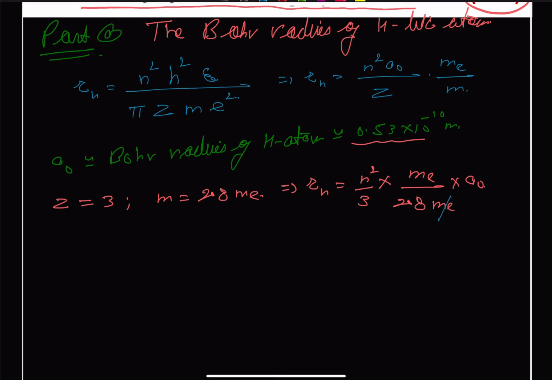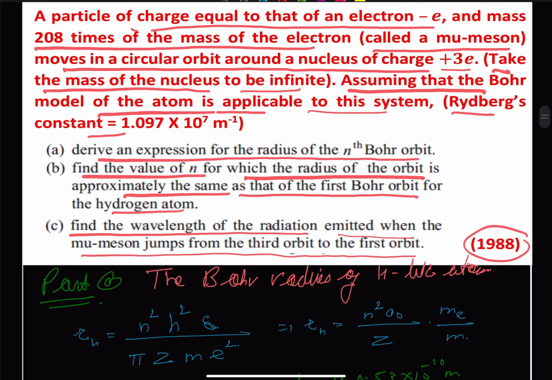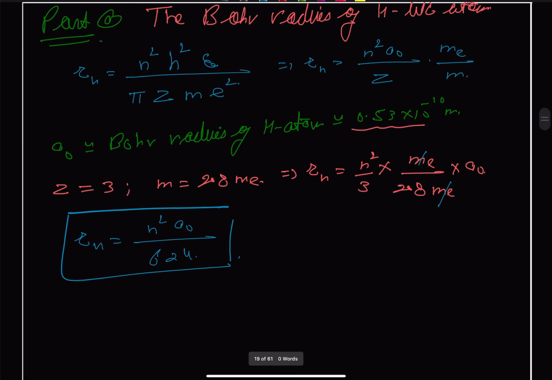Here this m e and m e goes away, so we get that our R of n will be equal to n square a naught upon 624. So this is our radius expression, and we have to find out value of n when the radius is the same as the first orbit.